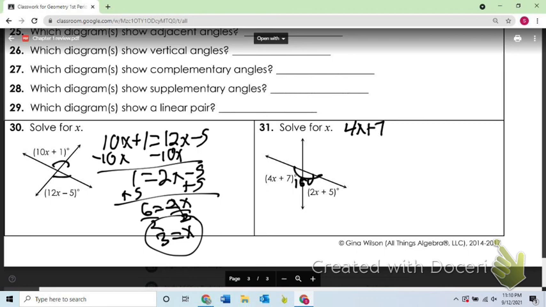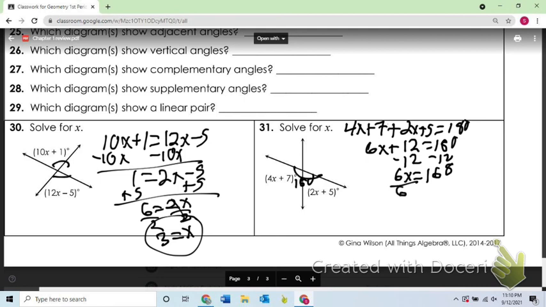So now we have 4x plus 7 plus 2x plus 5 equals 180 degrees. 4x plus 2x is 6x. 7 plus 5 is 12. When I subtract 12 from both sides, I get 6x equals 168. Divide both sides by 6, and I get x equals 28.